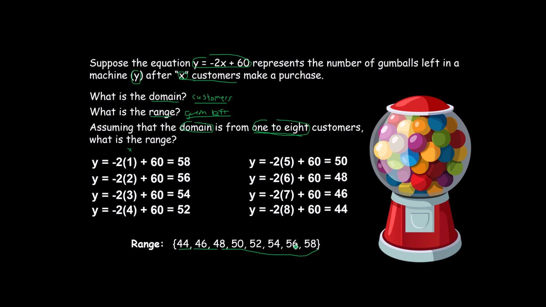It would be impossible for me to have 30 gumballs left based on this rule. It would be impossible for me to have 100 gumballs left. It would be impossible for me to have 42 gumballs left because I'm not allowed to have 9 customers. Domain connected to range by the rule.